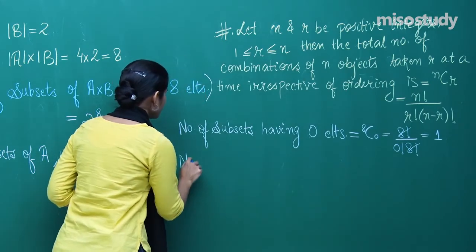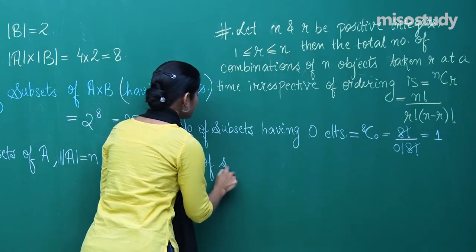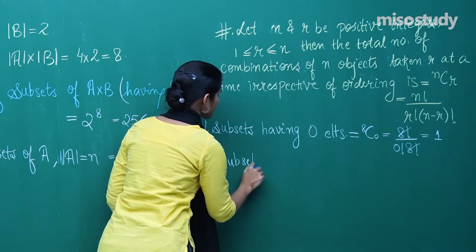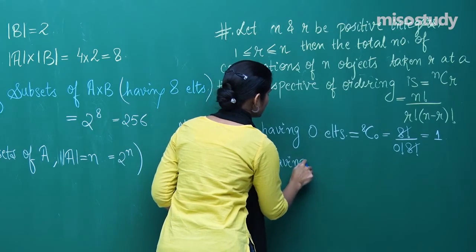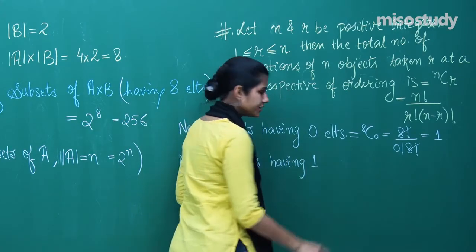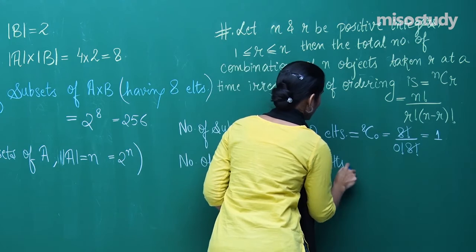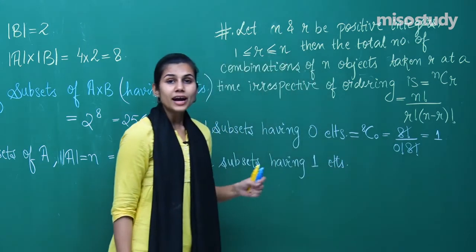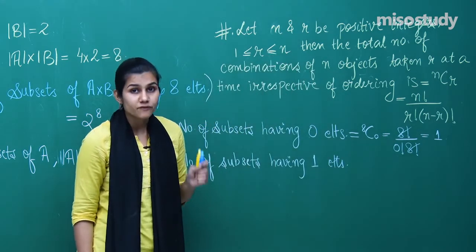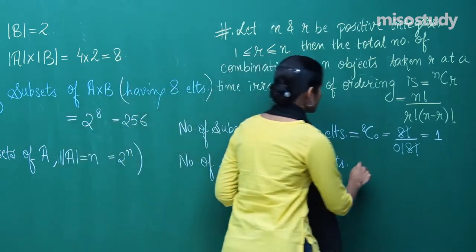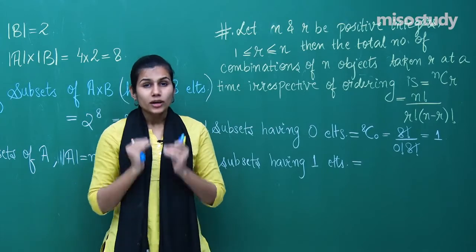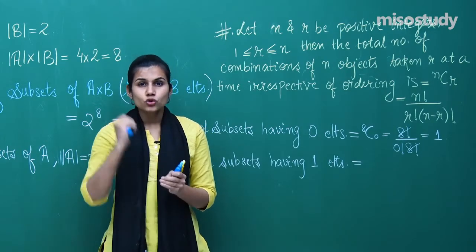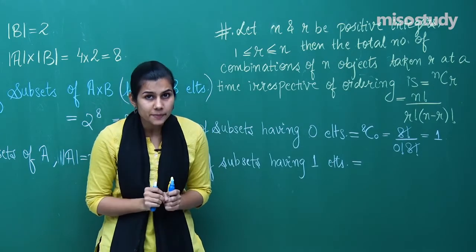If I have to find the number of subsets having 1 element out of 8 elements, I want to find out those many subsets who have 1 element. That means out of 8 elements, what are the possibilities in which I can choose 1 element from 8 elements?